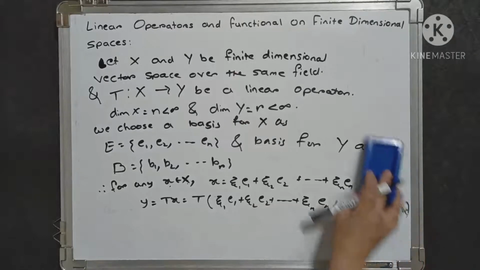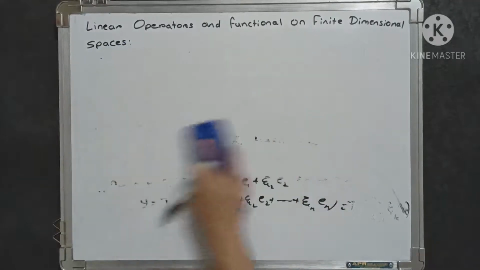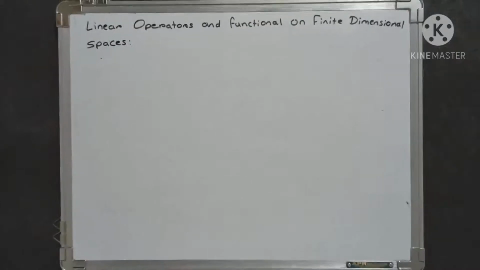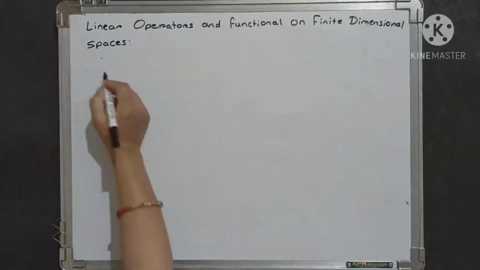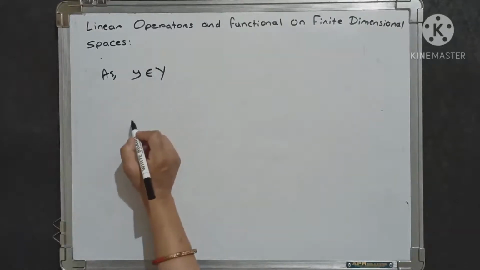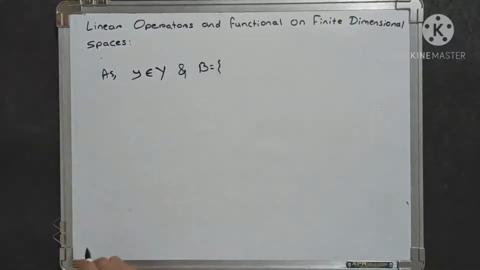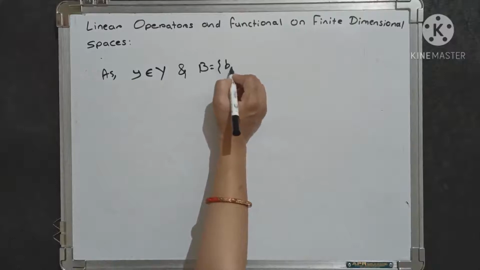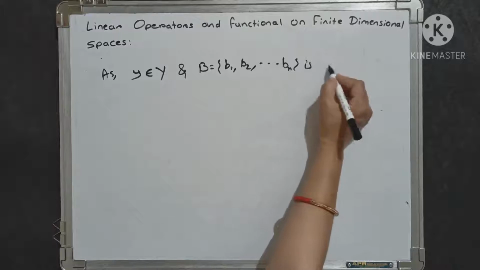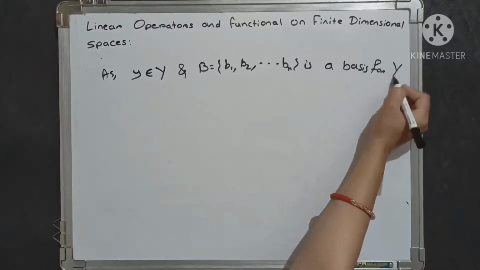Now again, as y equals Tx, it is an element of capital Y. Capital Y is also finite dimensional, and a basis for capital Y is given as capital B equal to the set containing B1, B2 up to Br.